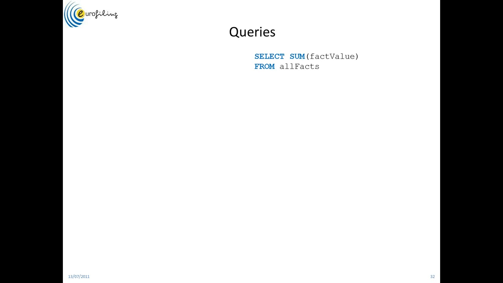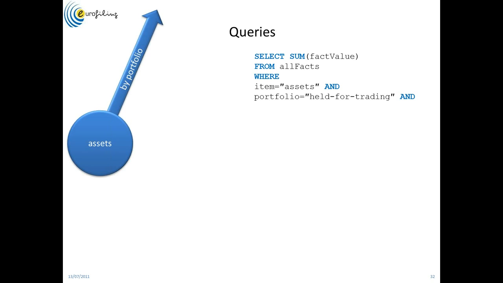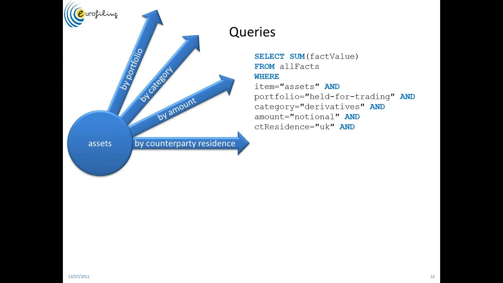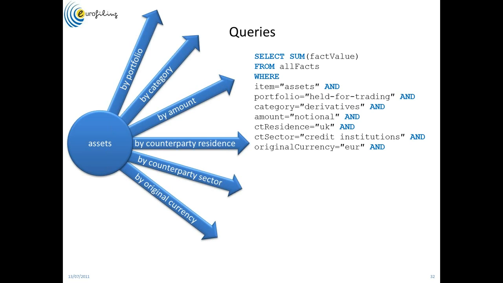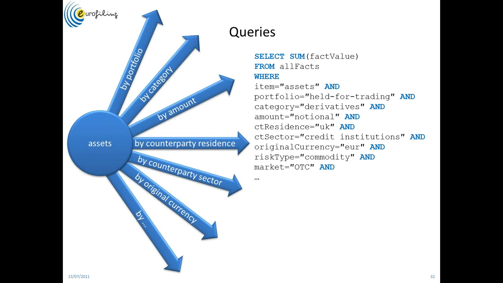For example, if we define an SQL query on this kind of data model-driven database, we select a sum of fact value from the all facts table, where item is assets, and portfolio is held for trading, and category derivatives, amount notional, counterparty residence UK, counterparty sector credit institutions, original currency euro, risk type commodity, market over the counter, etc., etc. All these properties were identified when we were building the data model.